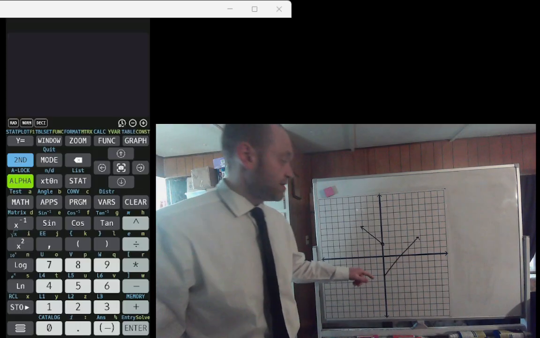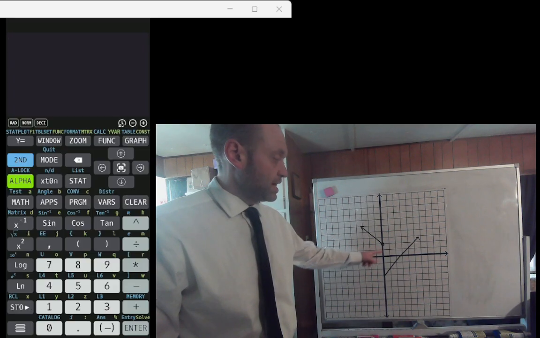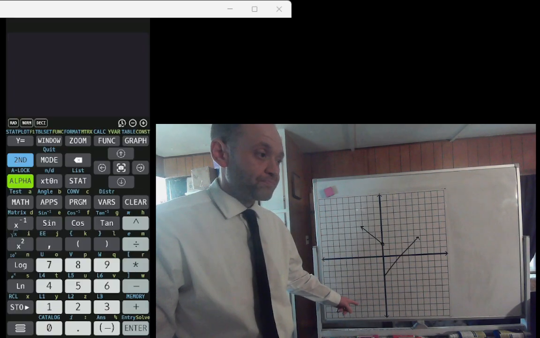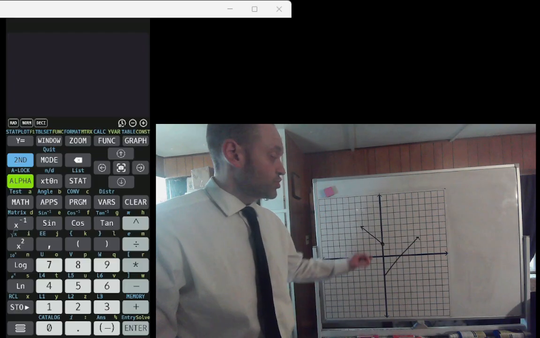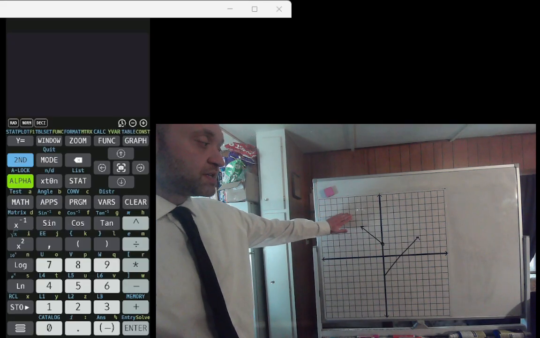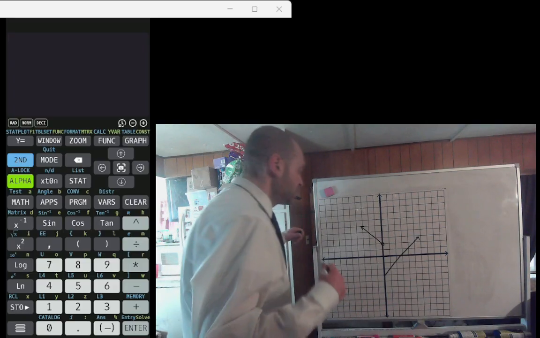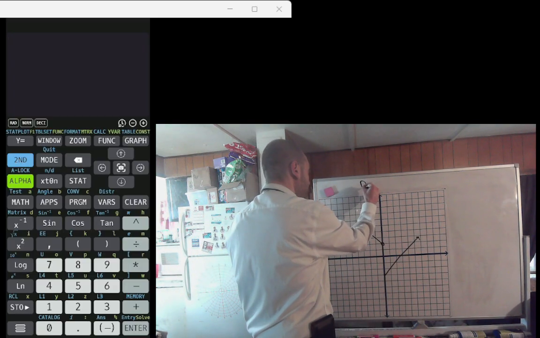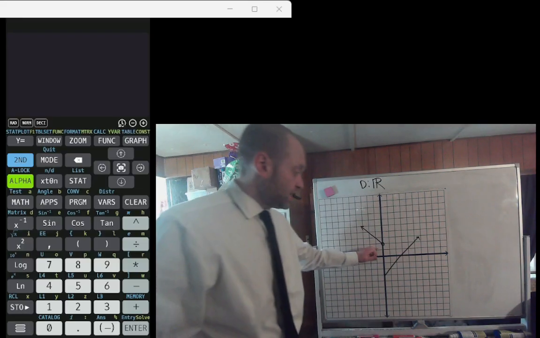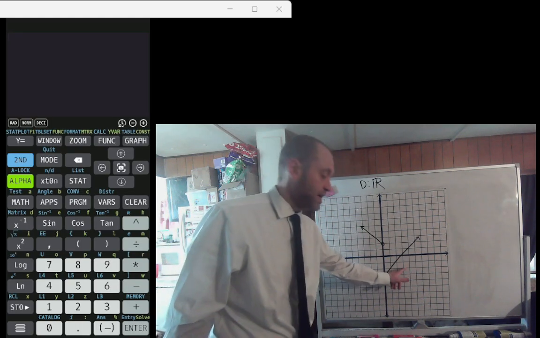Well, notice it's not defined from the left-hand side at x equals 0, but from the right-hand side it is. So truly your domain is still all real numbers because it goes infinitely left and then it goes infinitely right. So your domain is going to still be the set of all real numbers. Because either way, even at x equals 0, we have a defined value. It's just not defined to the left, but it is defined to the right.